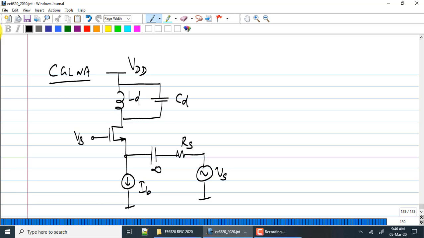To do that, let us go back to basic circuits, to your basic common gate amplifier, not just your LNA. So we'll take a step back.